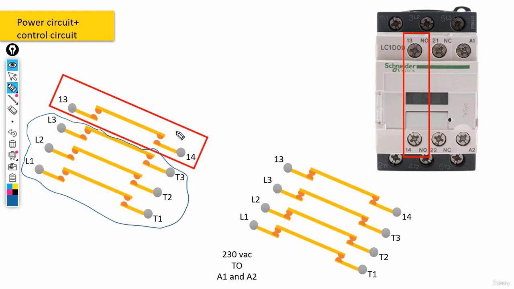And then we said that we would have an auxiliary contact in between terminals 13 and 14, for example, like this. Okay?